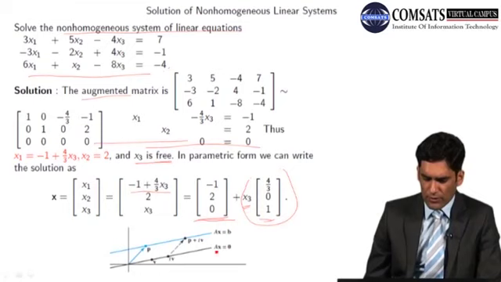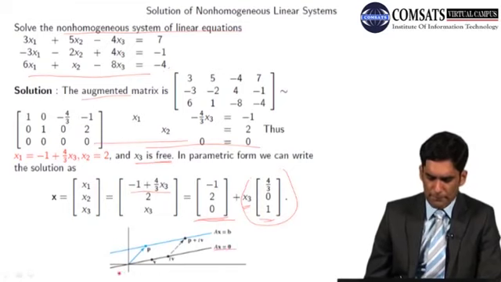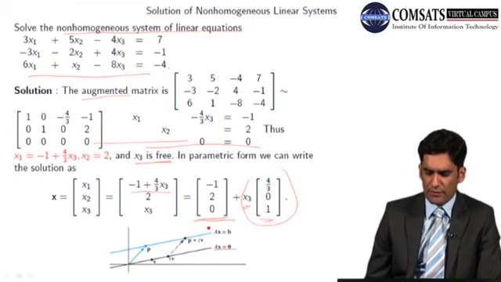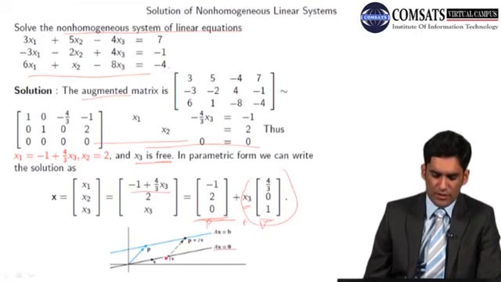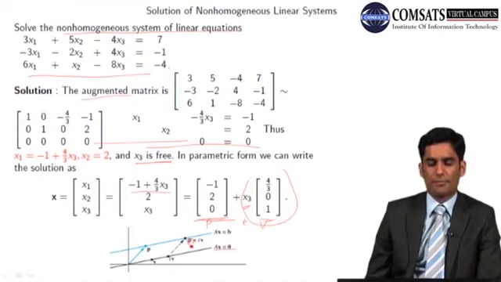Ax equals 0, this is the solution of Ax equals 0, and P plus TV, if this is P and this is T, x3 variable is supposed to be T, and this is V, then P plus TV is just the translation of the solutions of the homogeneous system by adding a vector P.